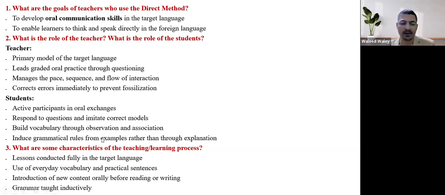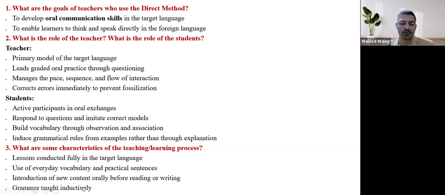And here, what are some characteristics of the teaching learning process? I think this question is a bit difficult, but you have to look at how the language itself was dealt with. Here, lessons are conducted fully in the target language, with everyday vocabulary and practical sentences, and introduction of new content orally before reading or writing.